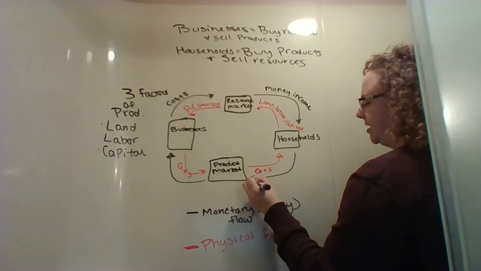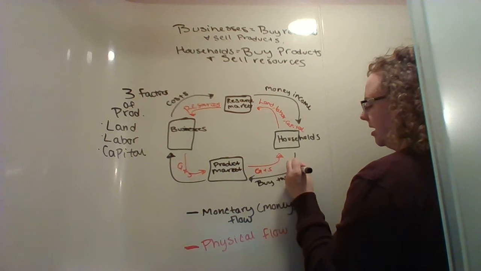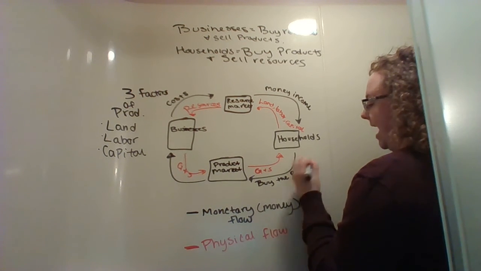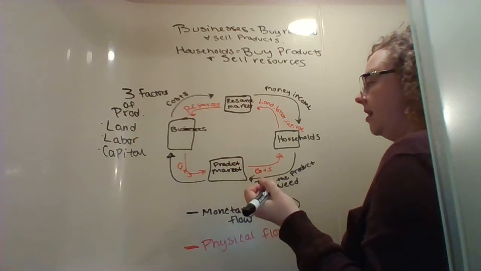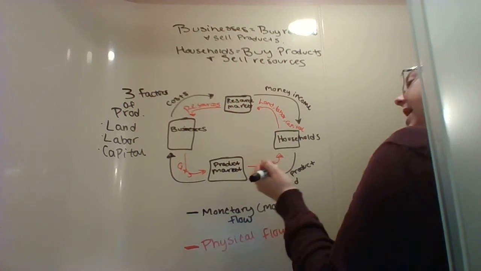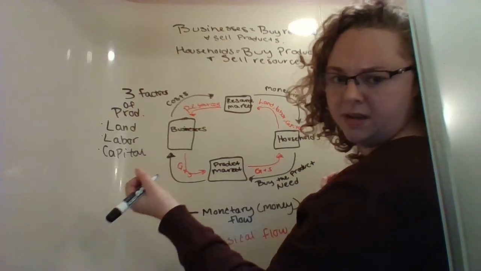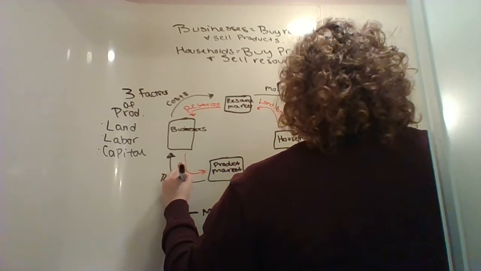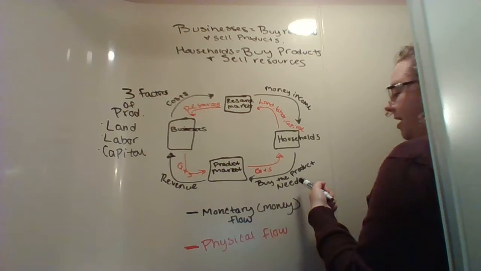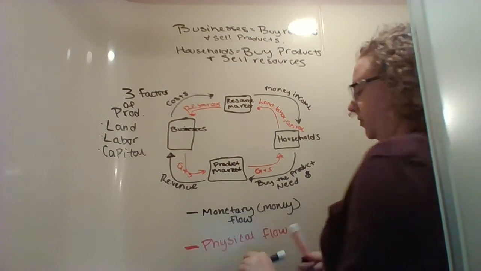They're basically wanting to buy the product, or they have a need, and then buy a product, and the last thing they're going to do is revenue. So they're going to buy the product, they have a need, money, and then the businesses get it as revenue.